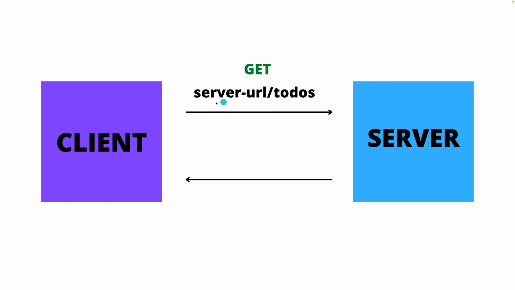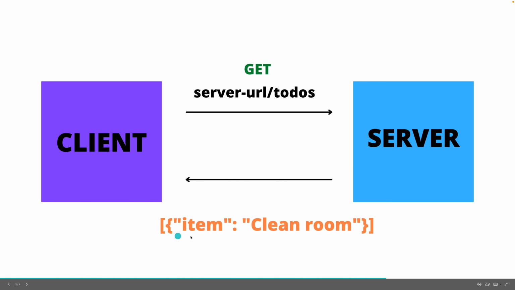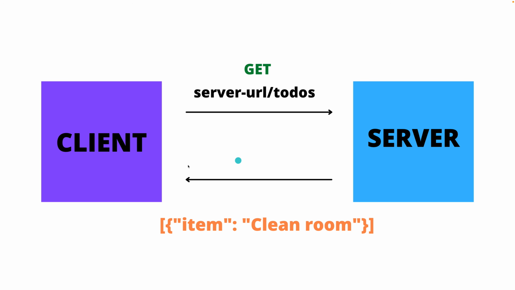The server is going to look at this, look at the endpoint, and start executing logic to get all of our to-dos. And now once that's done, what ends up happening is it returns back an array of our to-dos. And it returns back our data in JSON format. So this right here is JSON format, and this is how clients and server interact with one another and communicate with one another.